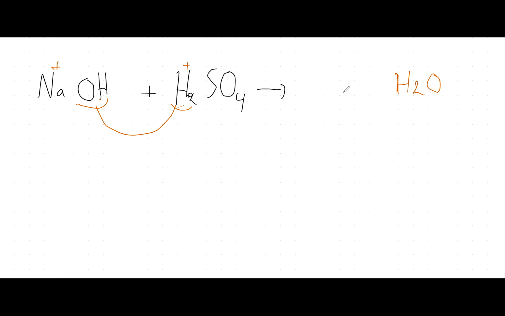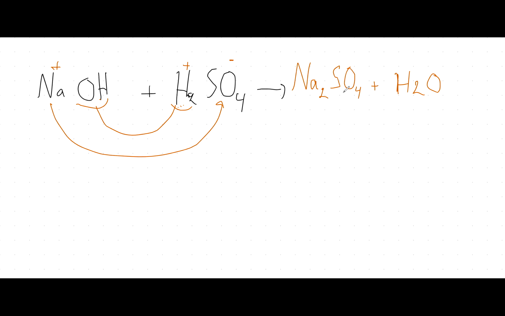So this is double displacement because there is a changing. This comes here and this comes with this. This is negative, so sodium will come with it. So sodium and sulfate, do you see? This is 2 and this is sulfate. Do you know why? Because you switch them.